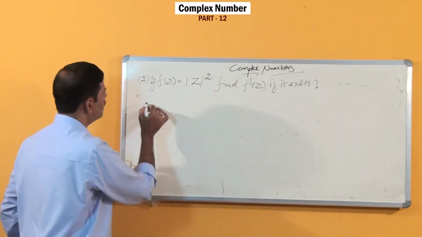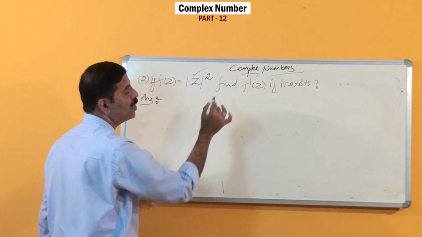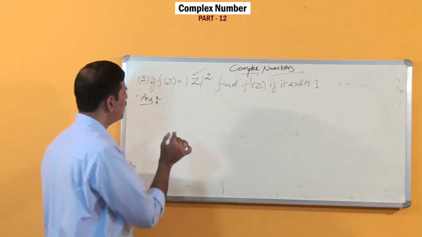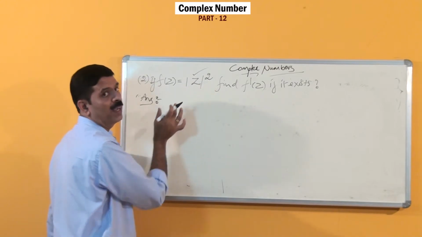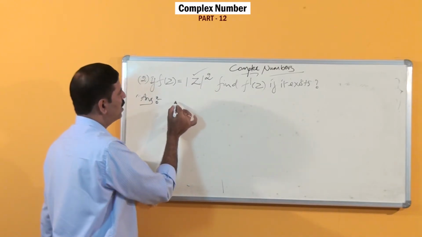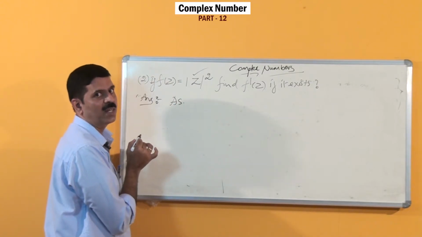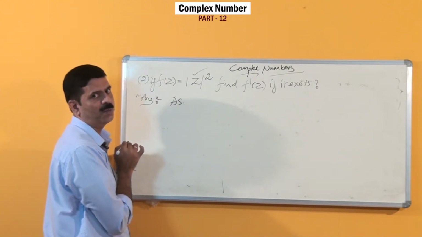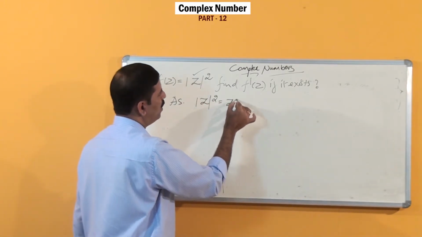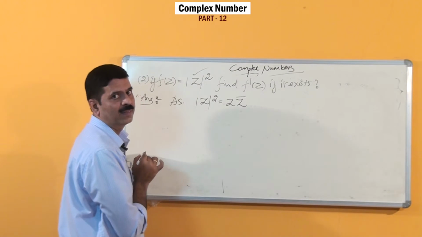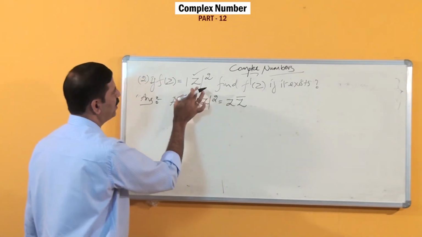Now, let me discuss what the derivative of mod z square is. Before going to that, I am going to simplify mod z square. As I defined in the introduction part of complex numbers, mod z square is nothing but z into z bar. I am using this definition here.